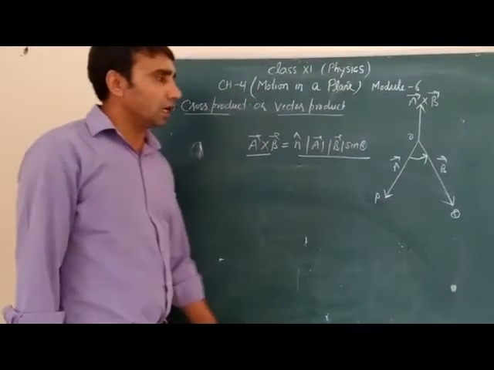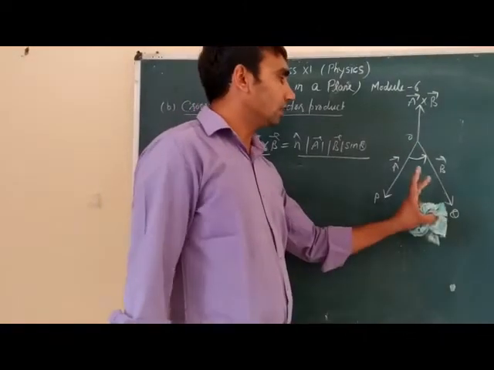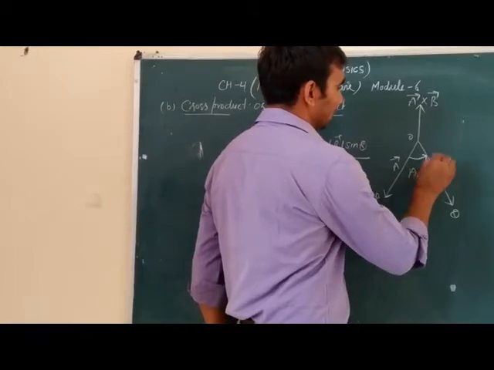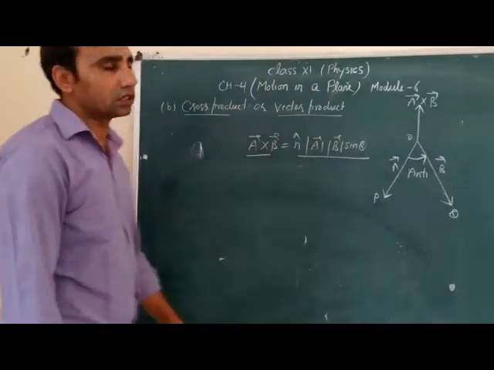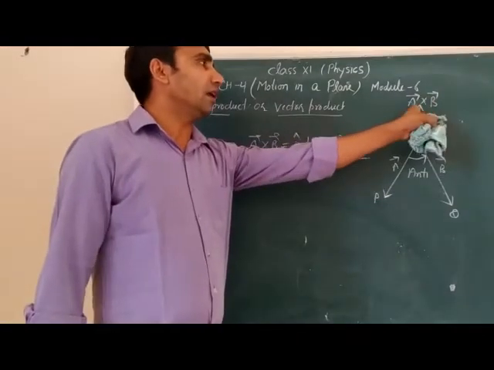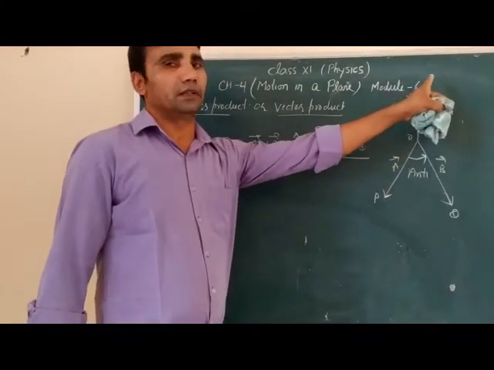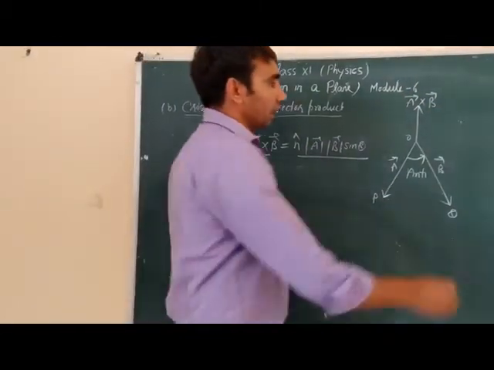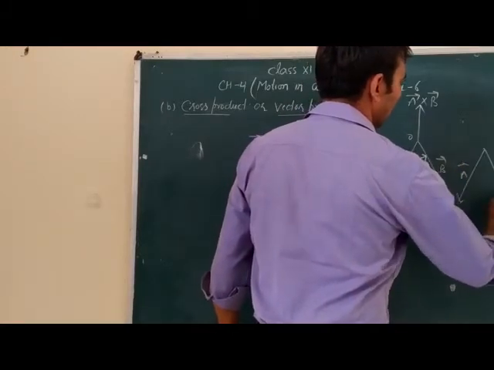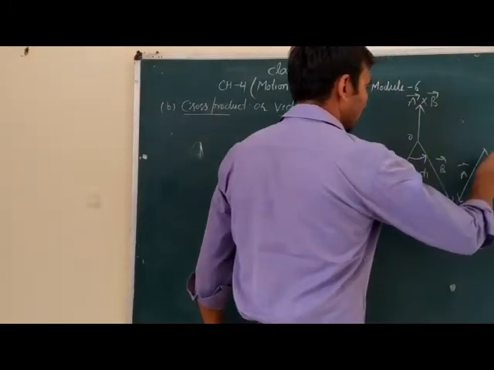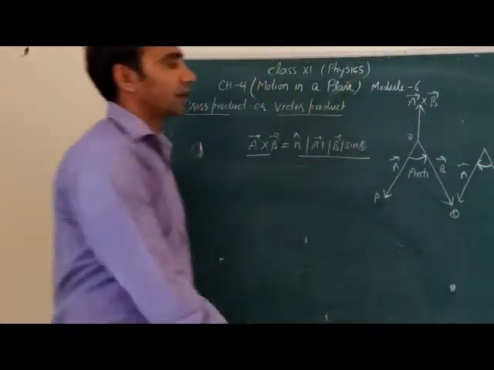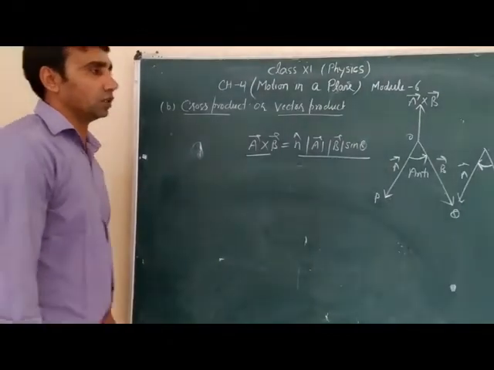If these two vectors rotate in the anti-clockwise direction, then we get vector A cross B along the z direction. Now, this is vector A, this is vector B, and rotation from vector B to vector A means clockwise rotation.